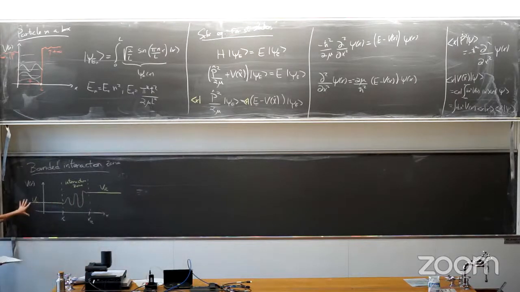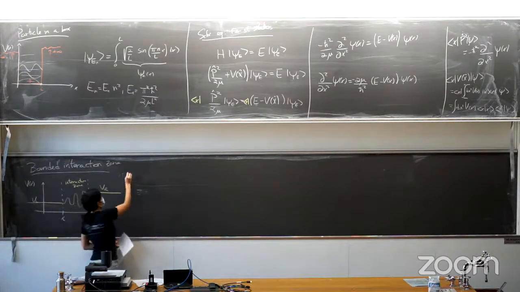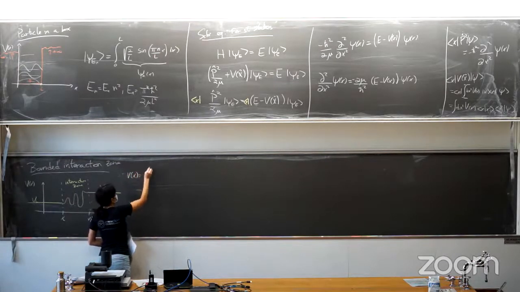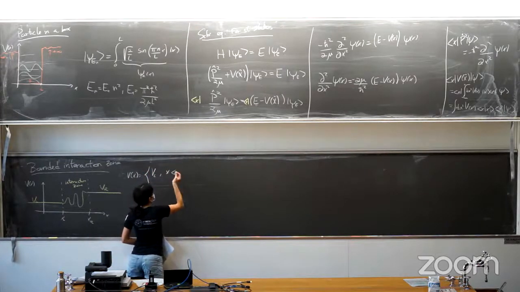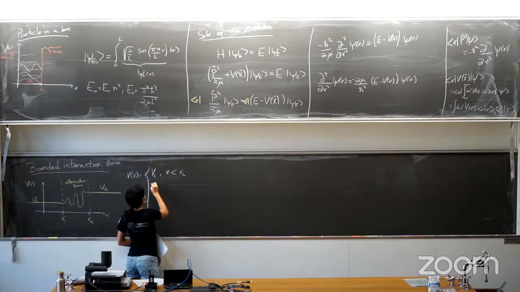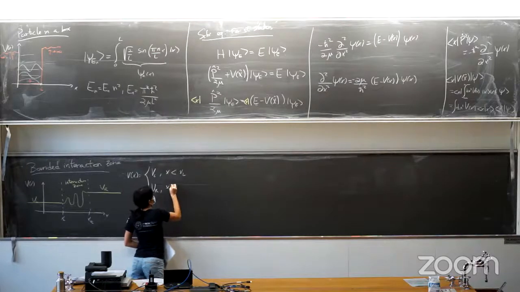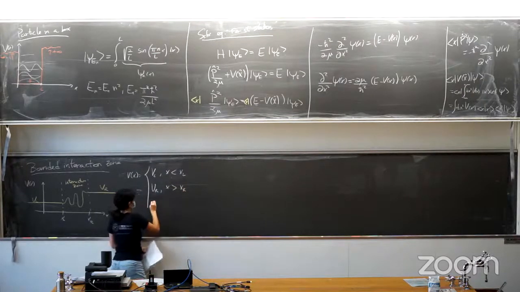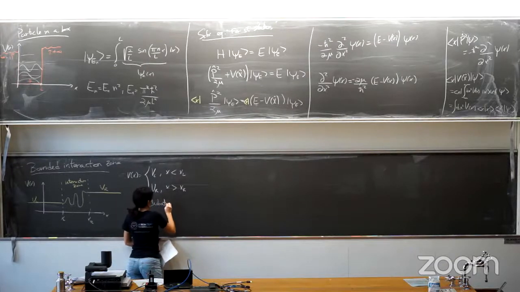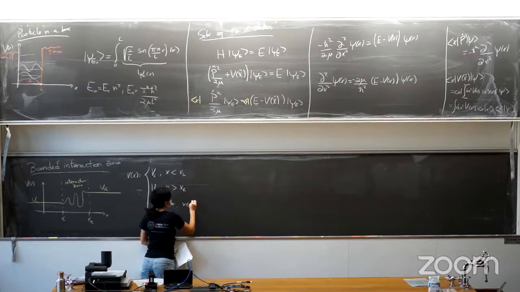So V of x is going to be constant V left for x smaller than x left, V right for x larger than x right, and whatever in the middle. We will see specific examples of whatever later on.